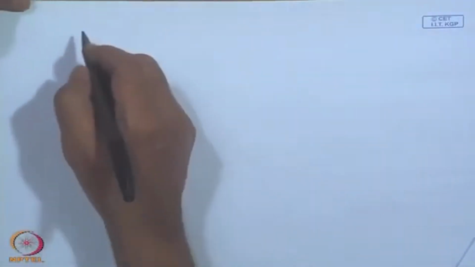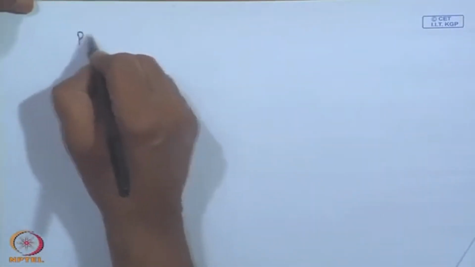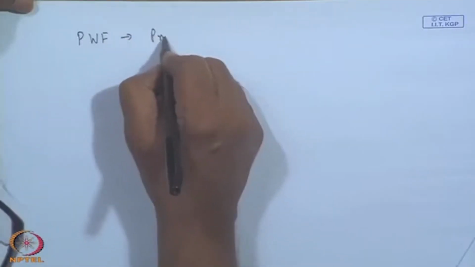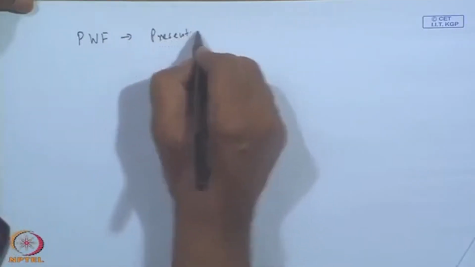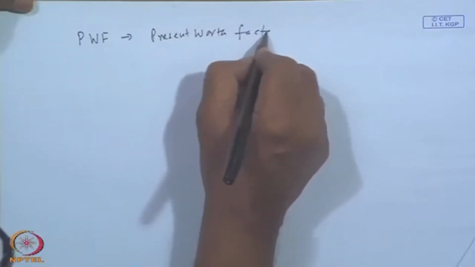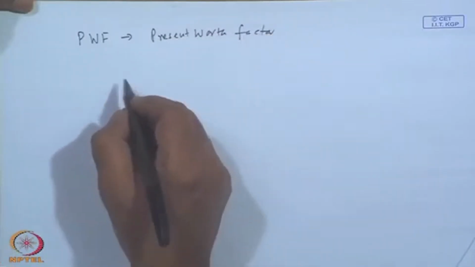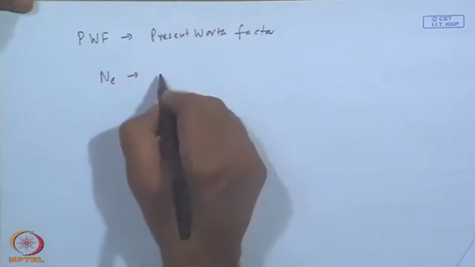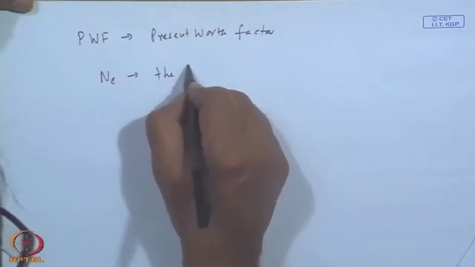And of course, PWF is the present worth factor, which will depend upon the term of the economic analysis.